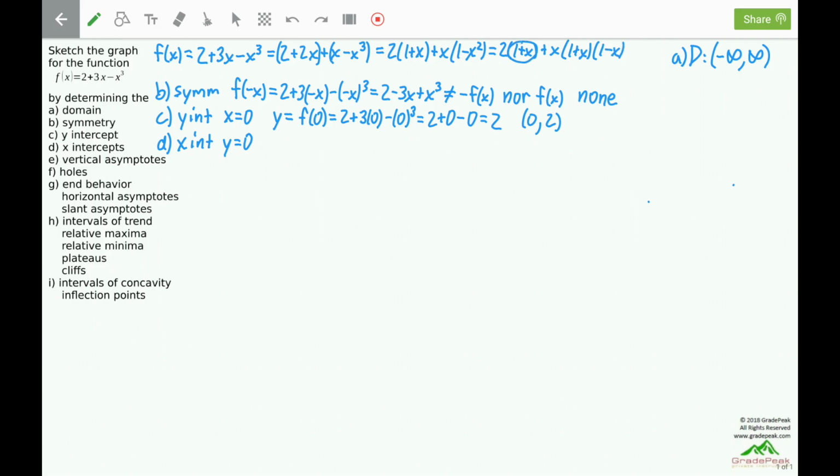Since we have matching factors of 1 plus x here and here, group factoring is possible because that 1 plus x can factor out of the entire thing. And that will leave a 2 plus an x times a 1 minus x.